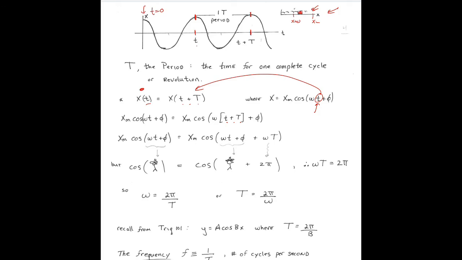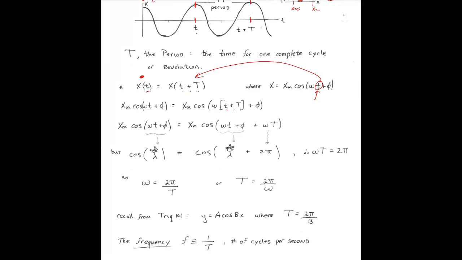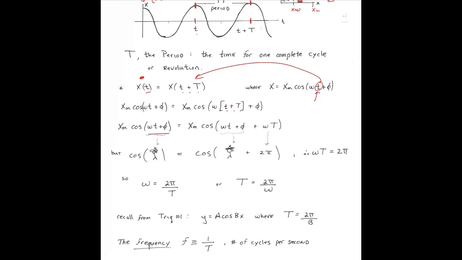I want to look to see what I have here. On the left side, I have cosine of omega t plus phi. On the right side, I have the cosine of omega t plus phi, plus this extra stuff. So I'm lining it up like we did in trig class. From trig class, you know that the cosine of anything is the same as the cosine of that same anything plus 2 pi, because the cosine is periodic in 2 pi.